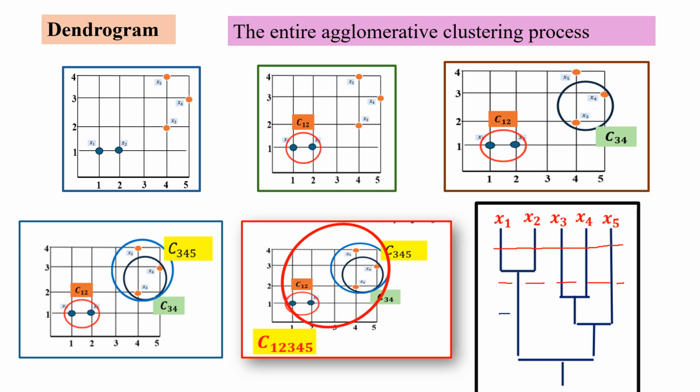Next, I choose to slice it here. And what do I get? 3 clusters, which is this C12, C34 and X5.